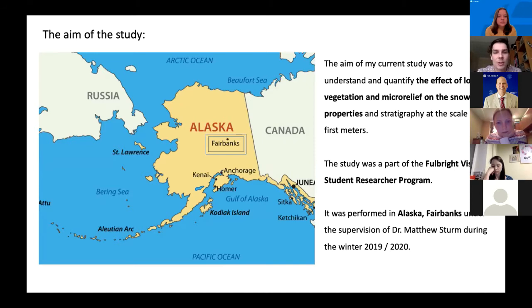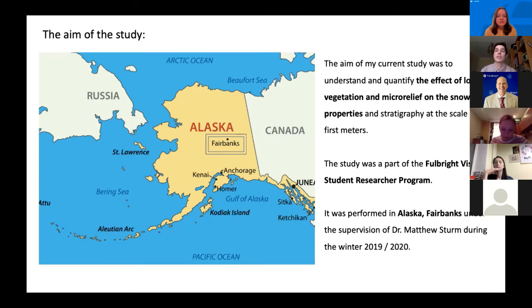It is also important to understand how it works, because different local factors may have a different effect, at least in the case of stratigraphy. For example, under big conifer trees, tree wells form, and in steep microtopography, deeper snow may accumulate due to snow creep and settlement of snow during the winter.